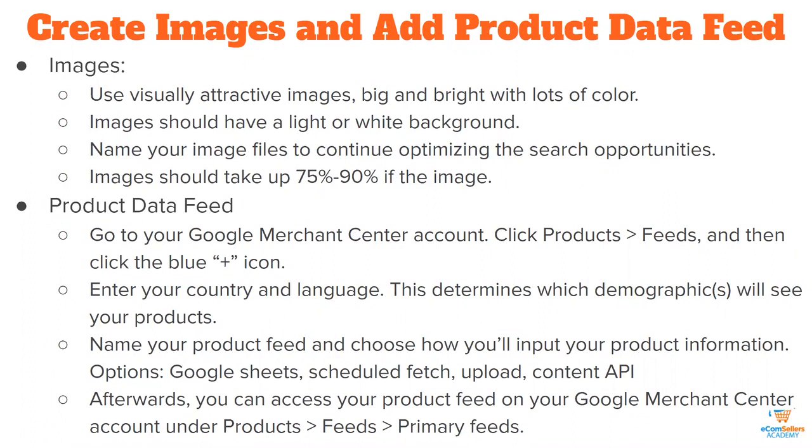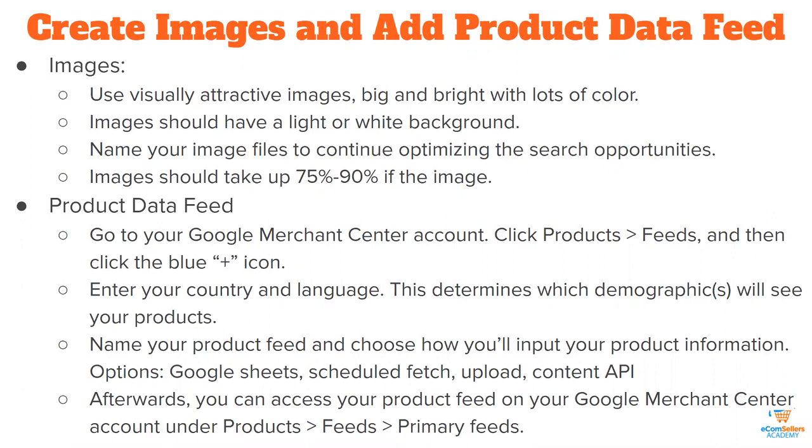And you should name your image files because, again, you're using Google, so people can search for your products using Google image search. When you go to Google, you have all those options for All and Shopping, and Images is one of them. They can choose to search for things by an image. You want your product to come up.